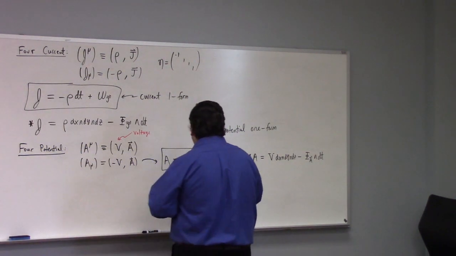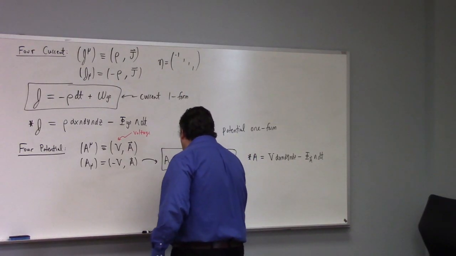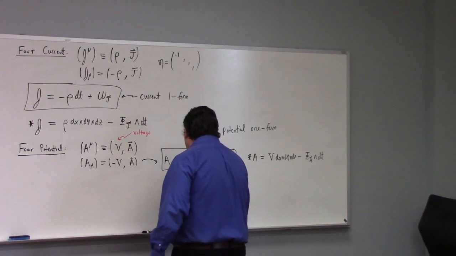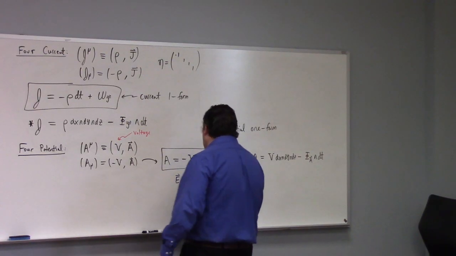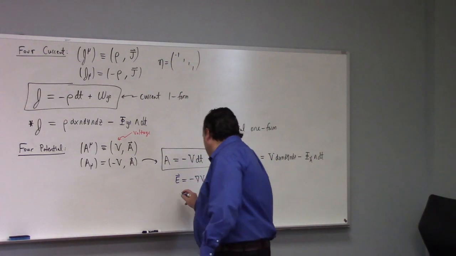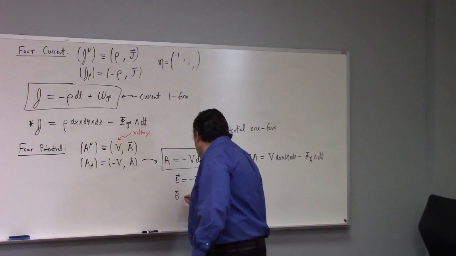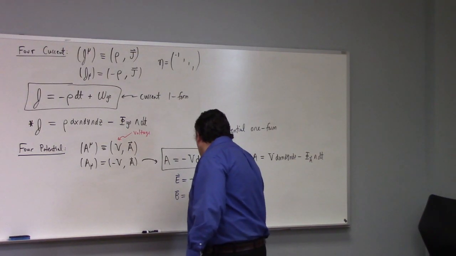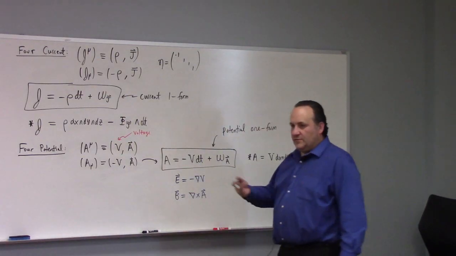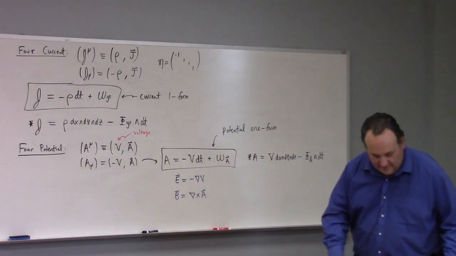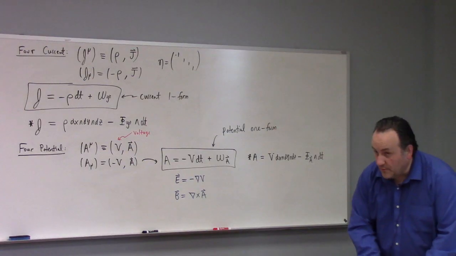So in electromagnetics, the electric field is minus the gradient of the voltage function. And the magnetic field is equal to the curl of the vector potential. This is how the potentials and the fields are related. That's not quite the whole story. There's more.